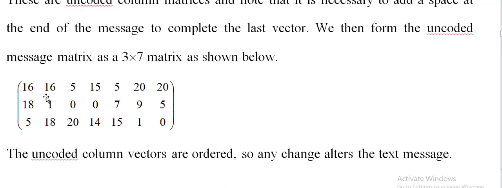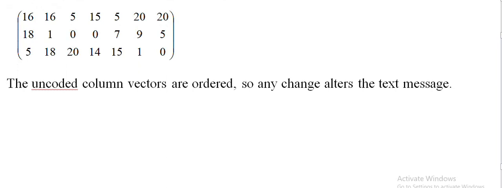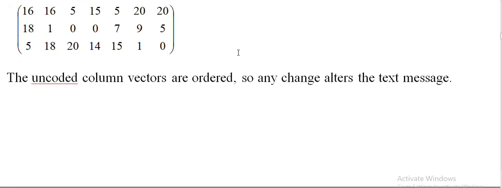You put the column vectors into matrix form like this, and it gives us a 3 by 7 matrix. The uncoded column vectors are ordered, so any change alters the text message. If you shift any of these by one or just switch them, the message will change totally.